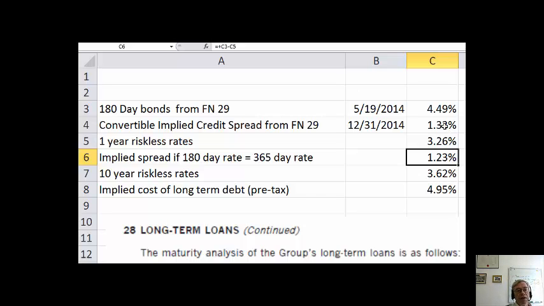That gives us confidence that the convertible spread of 133 basis points is in fact a valid spread. So we take that 133 basis points, we add that to the 10-year riskless rate, and we get an implied cost of the long-term debt pre-tax for Sinopec.